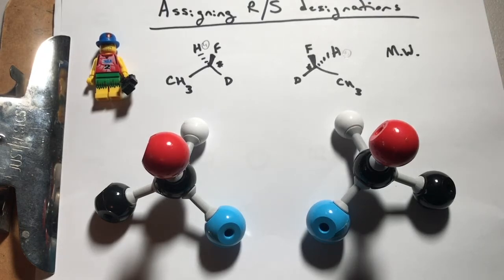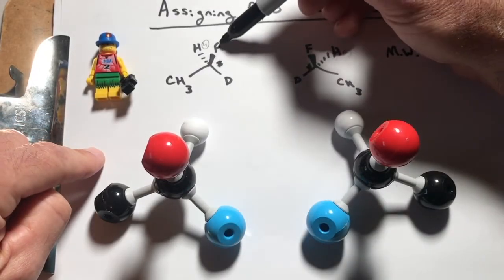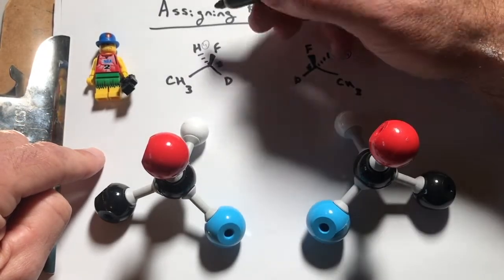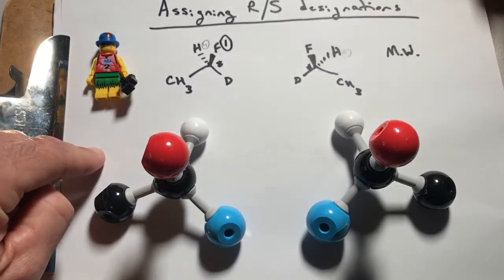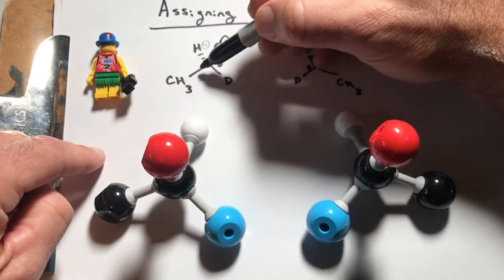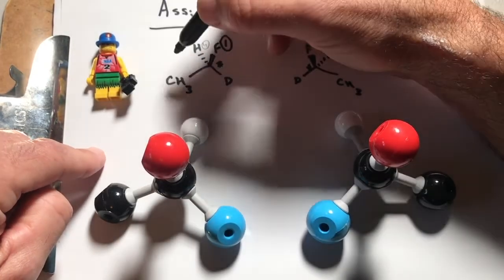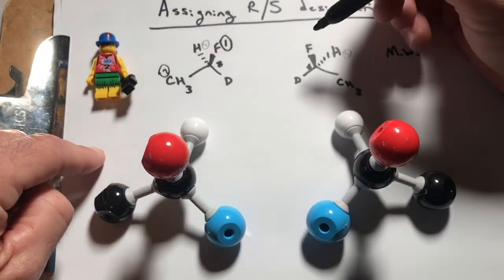And of course, we're going to go by molecular weight. So you can look at the other groups that are assigned here, and we can see that fluorine is the heaviest on the periodic table. Carbon, which is actually the thing that's bonded there, right? This is going to be considered the second priority. That is a 2, believe it or not.